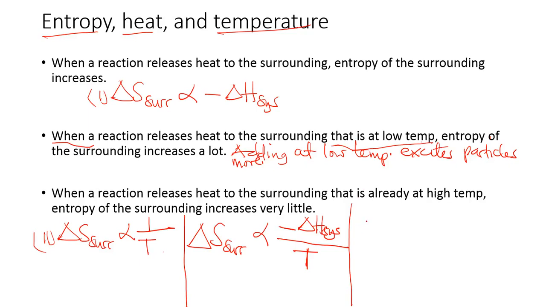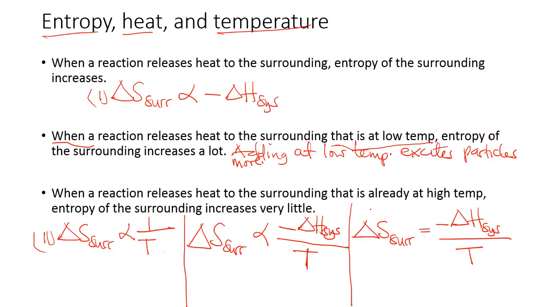In the end, the final equation will be the entropy of surrounding is equal to negative delta H system divided by T. That is, if entropy is given in joules per Kelvin and the enthalpy is given in joules and temperature is given in Kelvin, the proportionality sign will disappear, and then we just have an equal sign there.